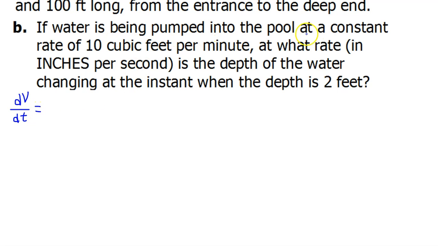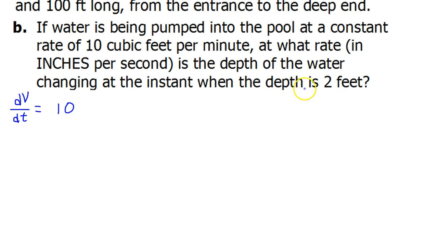Water is being pumped into the pool at a constant rate of 10 cubic feet per minute. This is a change in volume, so dV/dt is equal to 10. But is it positive 10 or negative 10? Well, water is being pumped into the pool, so volume is increasing, so it will be a positive 10. So what is the moment in time we are dealing with?